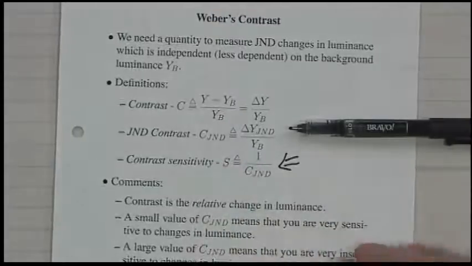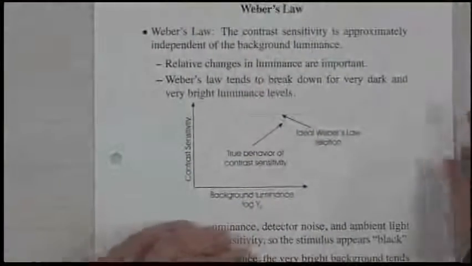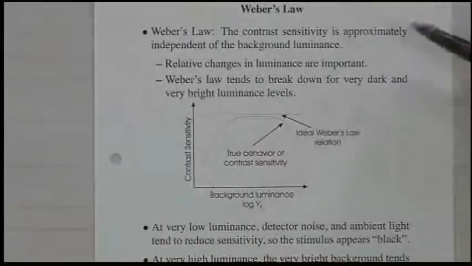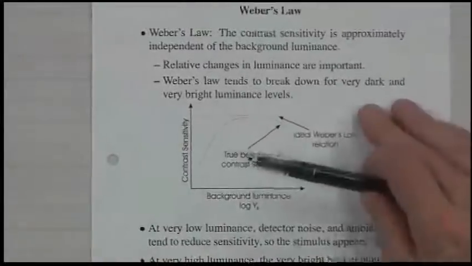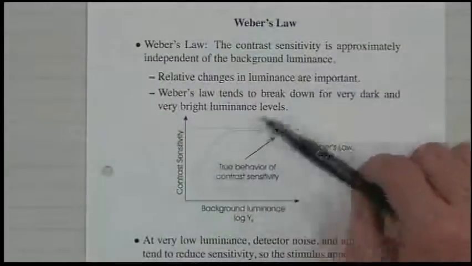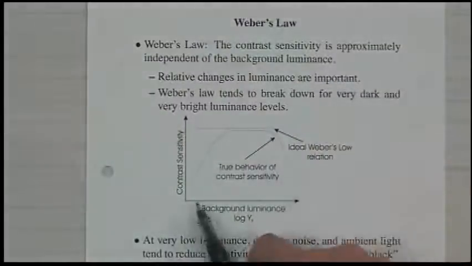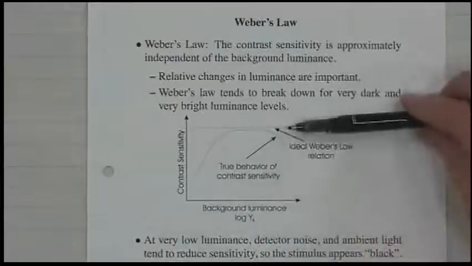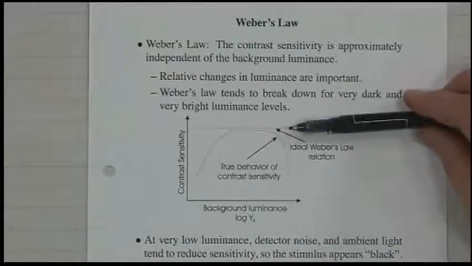Now, Weber's law says that to the first order, the contrast sensitivity is approximately independent of the background luminance. So if you increase or decrease the background luminance, the contrast sensitivity stays the same. It's a fixed constant.